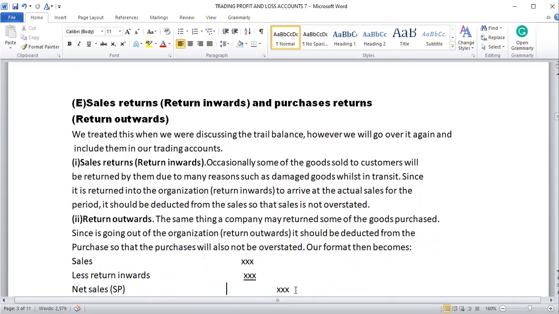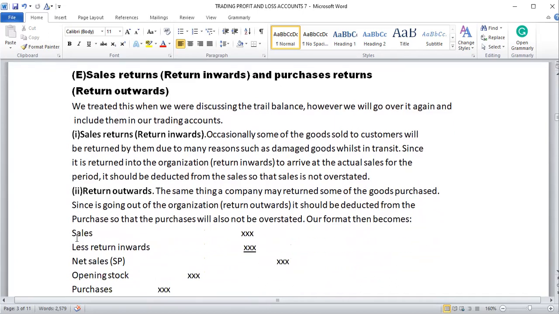Let us continue. So looking at our formula now, including all that has been said: sales this year, less returns inwards, whatever the customer has returned, so that we get our net sales. That is the sales minus the returns inwards, we get our net sales. Then we take our opening stock.